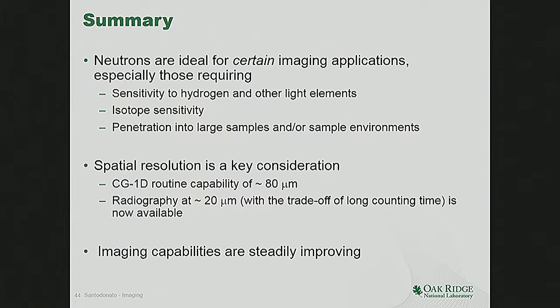So that's another example of where the neutron contrast difference, compared to other techniques, is the reason you choose neutrons to study things like lithium batteries. Isotope sensitivity is another one. And the penetration into large samples and sample environments is a key factor too.